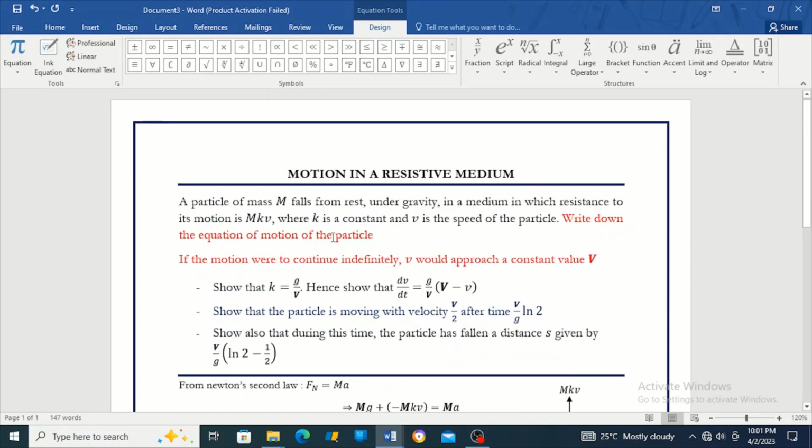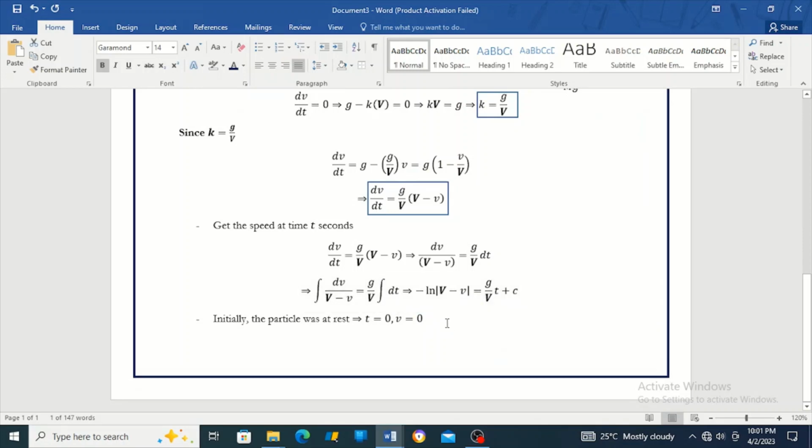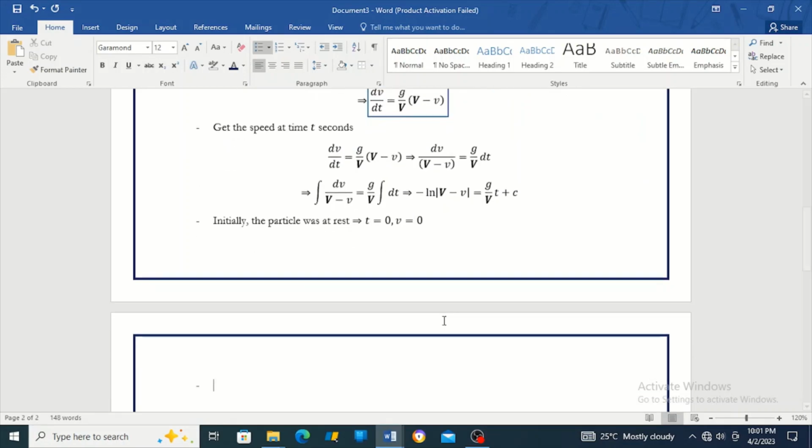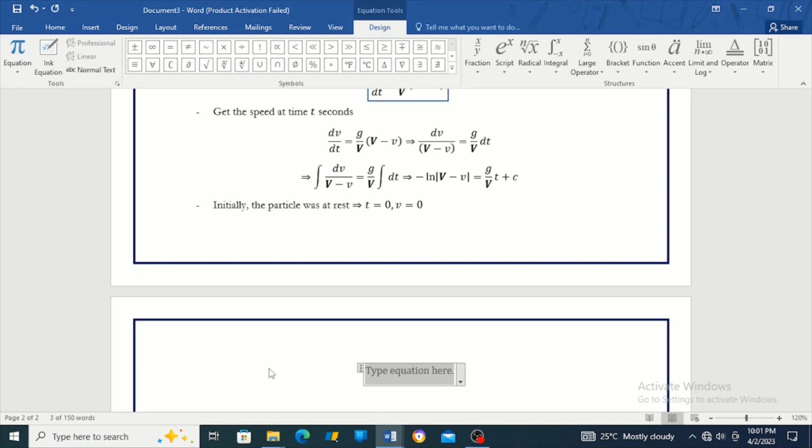Let's go back to the equation. A particle falls from rest. Okay, now having this in mind, we need to get our constant of integration c, and from that equation our c is equal to negative this quantity here.